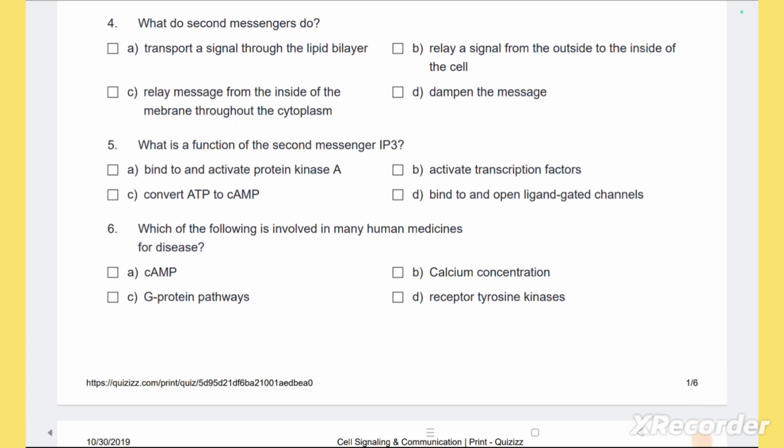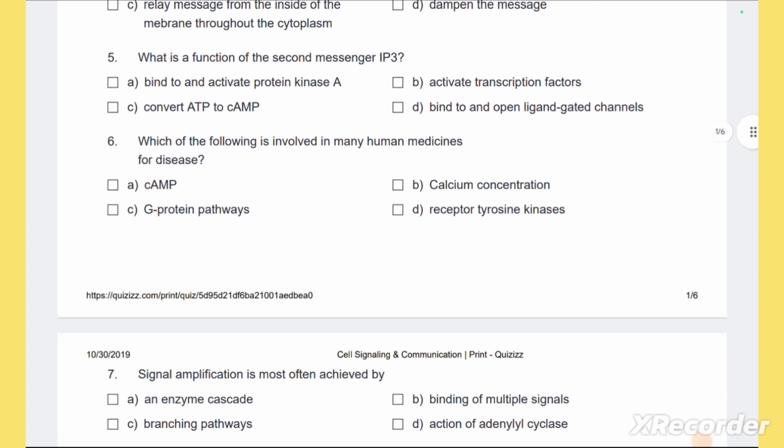Moving towards question number 5. What does the second messenger IP3 do? As I told you, IP3 stands for inositol triphosphate. It's a secondary messenger. The main function of a secondary messenger is to receive the signaling molecule or ligand and transfer it inside the cell, or maybe on the surface of the cell.